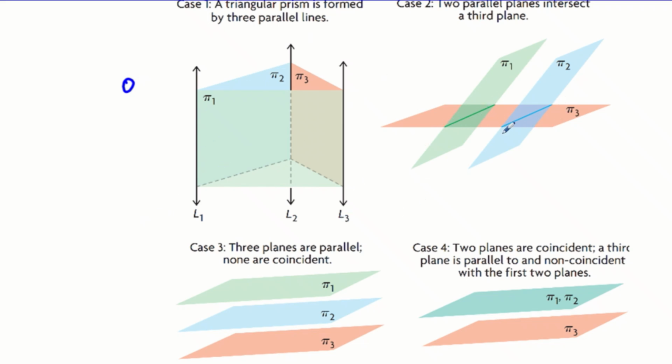This one intersects in two parallel lines, so these two are parallel and there's no common point. No common point means no point of intersection, so there's no solution. Three parallel planes, no intersection, zero solution. In this one, parallel, with two of them the same, so zero solution.